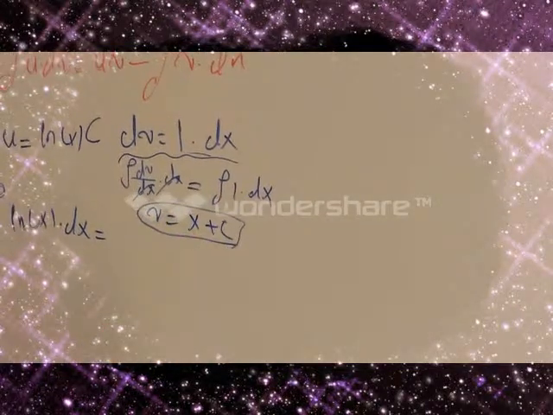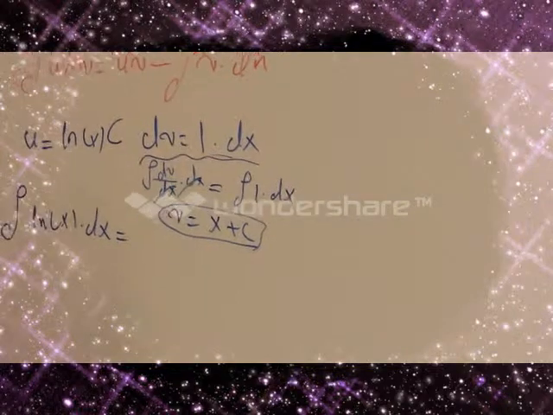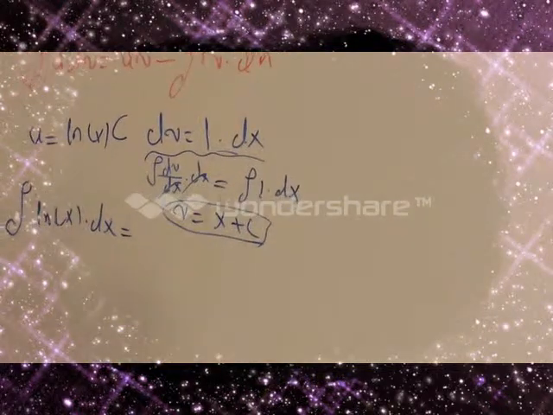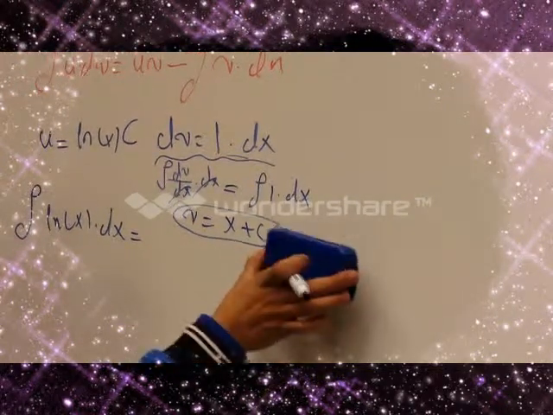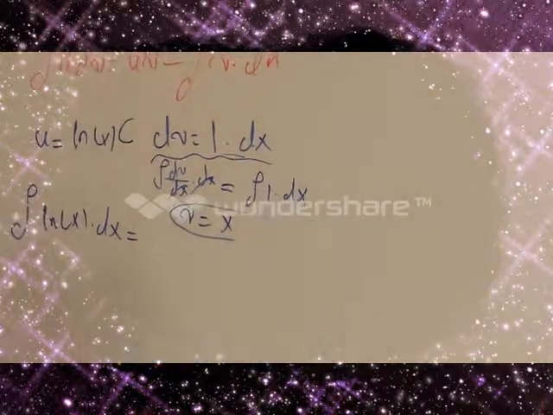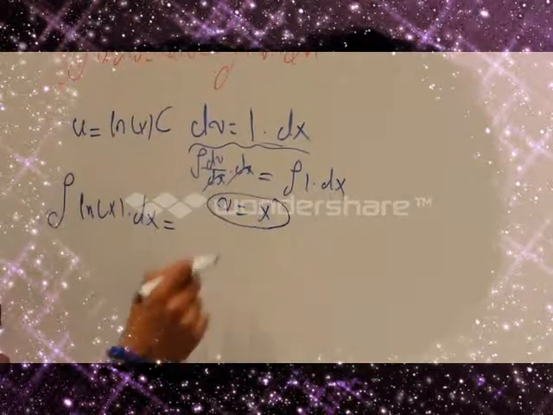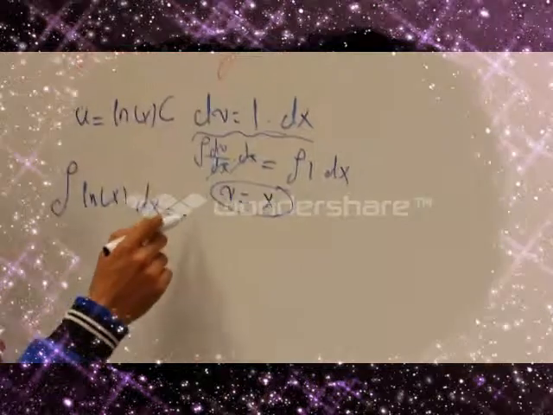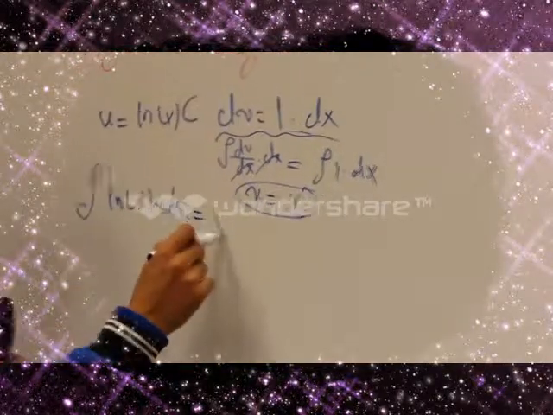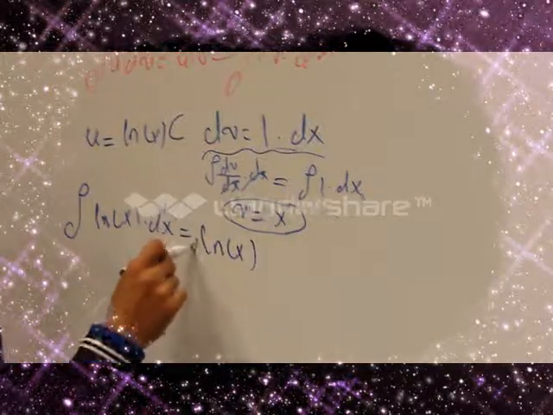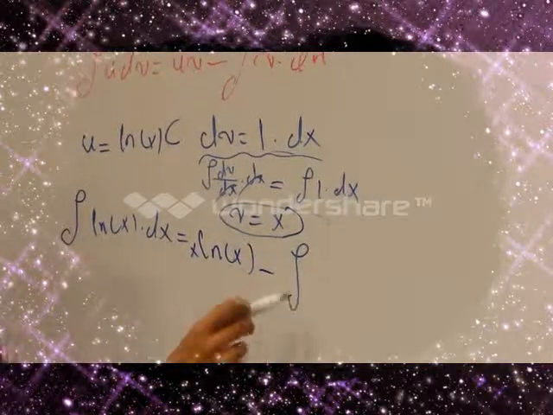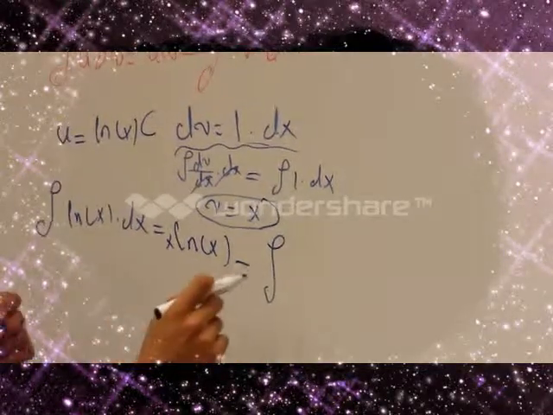But here we will neglect the c. It will just be x. Okay. uv becomes x ln x minus the integral of v du.